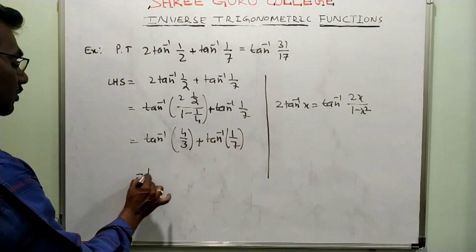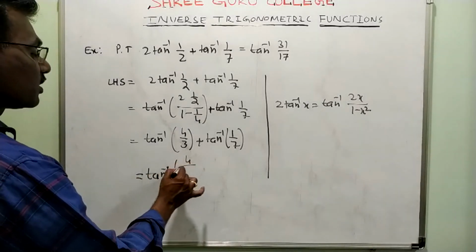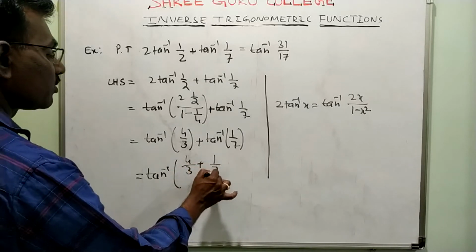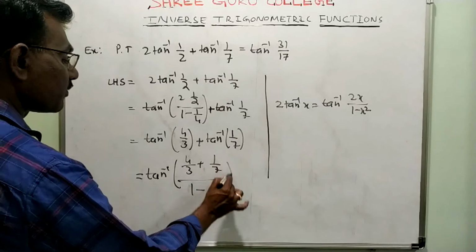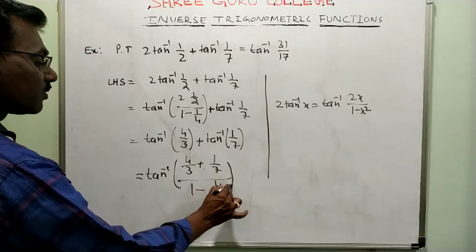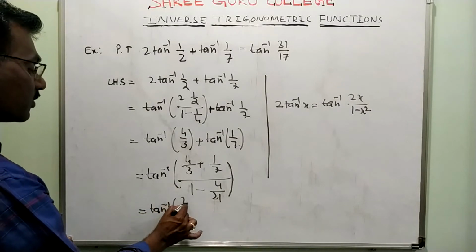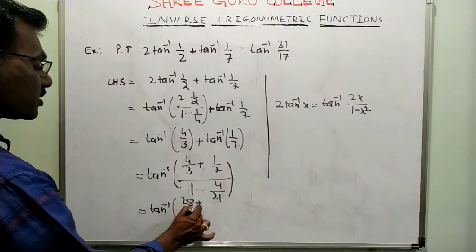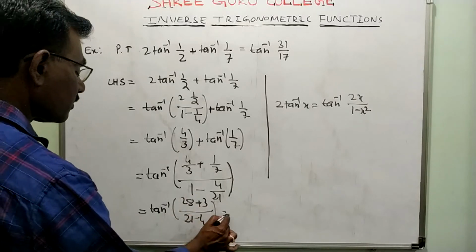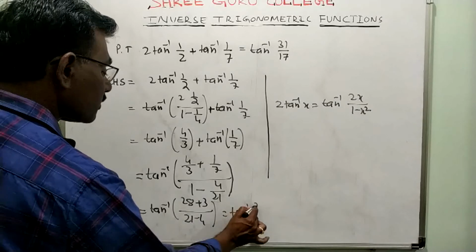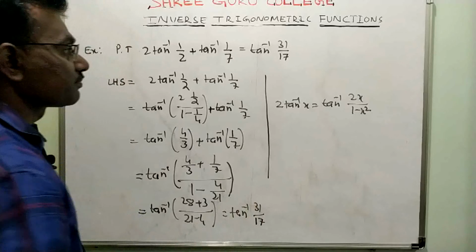Equal to tan inverse of, with LCM, 4 by 3 and 1 by 7, again the same formula: 4 by 21, so tan inverse of 28 plus 3 over 21 minus 4, which is tan inverse of 31 by 17.